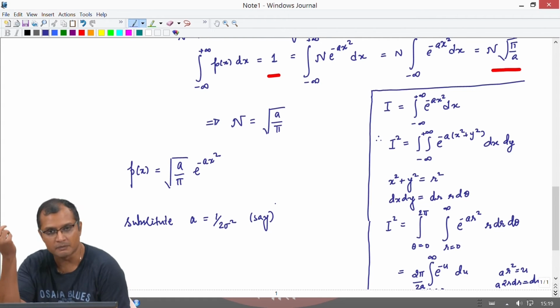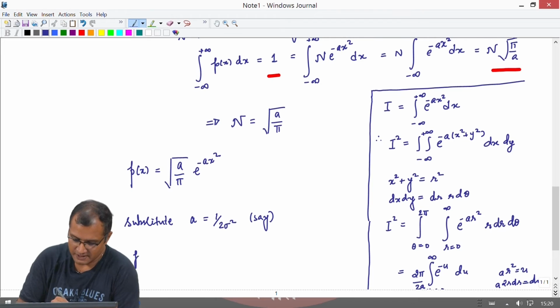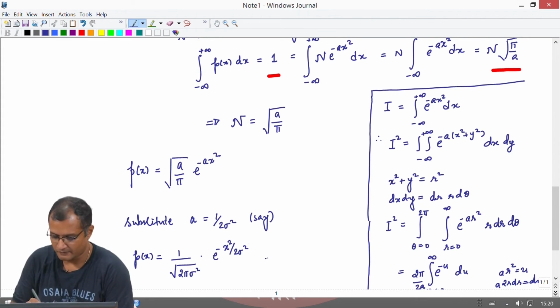A is anyway a variable. Then you will see that this PDF becomes the Gaussian PDF that is naturally commonly found in literature. So, with a as 1 upon 2 sigma square, this becomes a standard Gaussian that you find in literature. Now, this is the normalized Gaussian distribution.